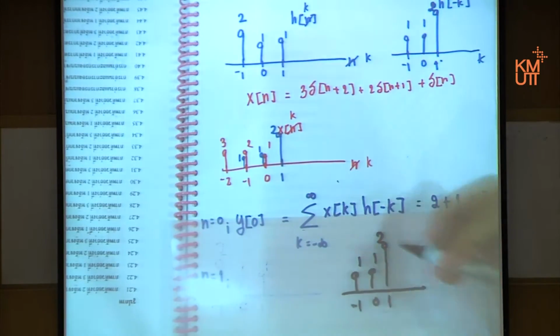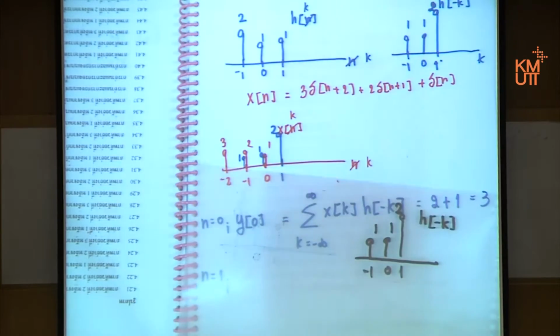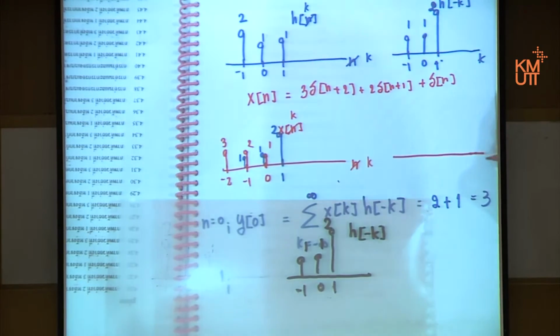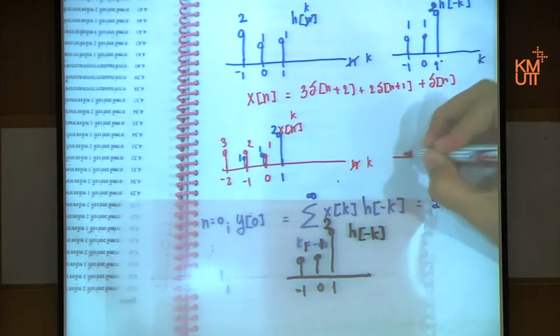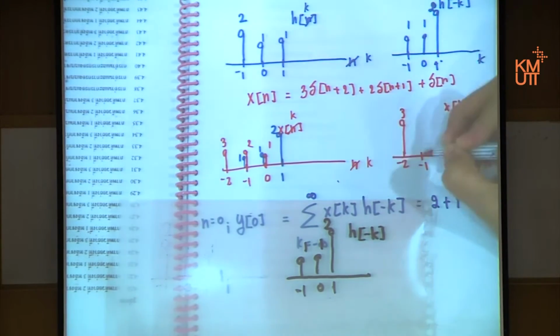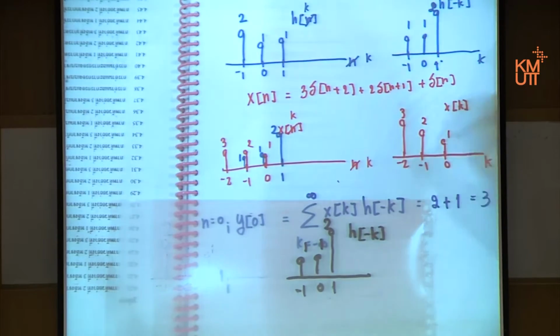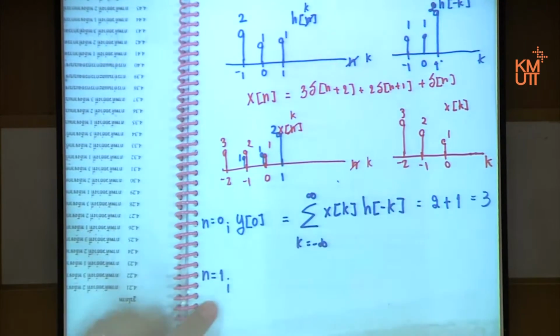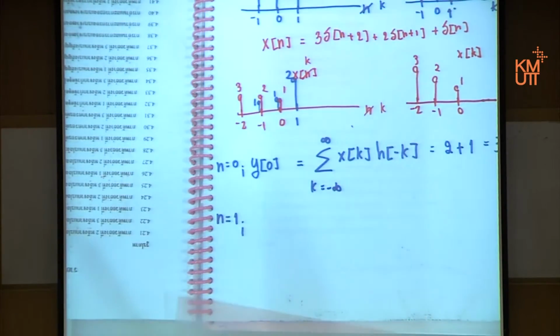Can I rewrite xk again, วาดรูปสีแดงใหม่นะคะ จะได้ไม่ทับกับอันเดิม 3 2 1. Okay, now if you want to find when n equal to 1, it means that you want to find y1, right?